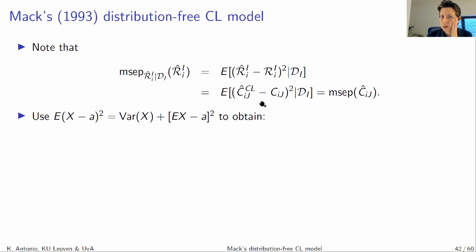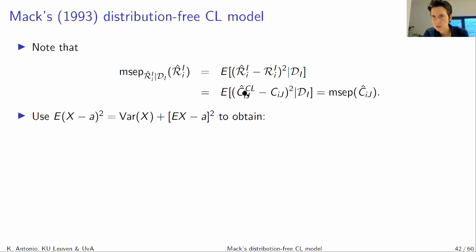So I'm going to identify one of the two as the x and the other one as the constant a, and I'm going to write down this expression in order to be able to move on with this mean squared error of prediction. So who will play the role of the constant a in this framework?